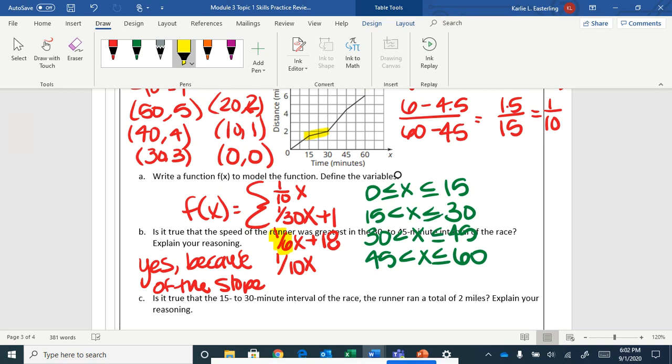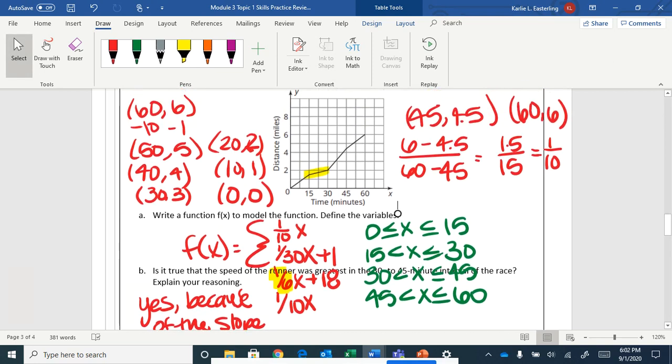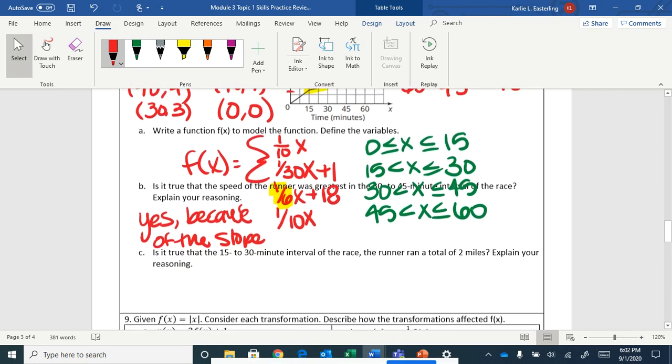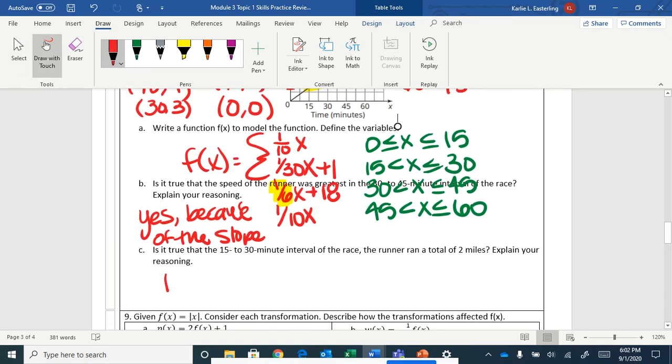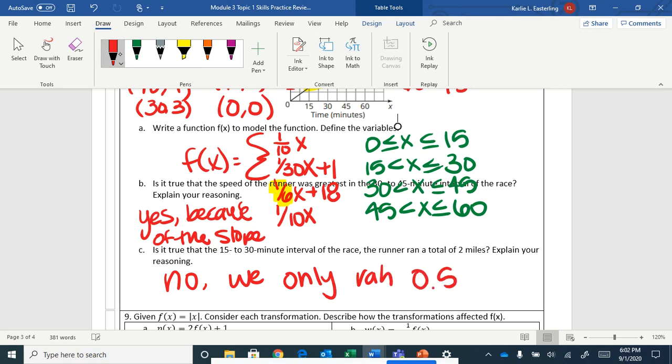So whenever we're talking about our distance in miles, that's on our y-axis here. So we started here at like 1.5 and we ended at 2. So did we run a total of 2 miles? The answer for that is no. We only ran, what was that, half a mile? We only ran half a mile.